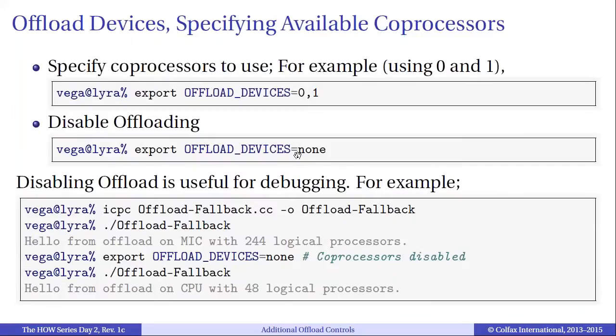Another environment variable for offload control is OFFLOAD_DEVICES. This variable allows you to restrict which coprocessors you allow your application to use. If you set it to none, then you will prevent offload completely, and this is useful for testing. If you set it to a comma-separated list, then you can only offload to these devices. And 0, 1 means that you can offload to devices number 0 and 1.